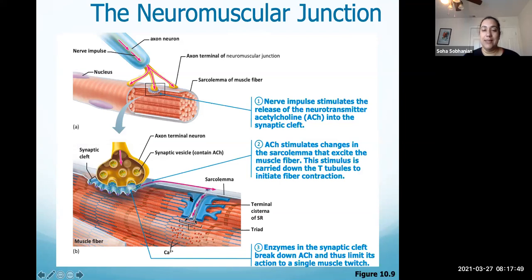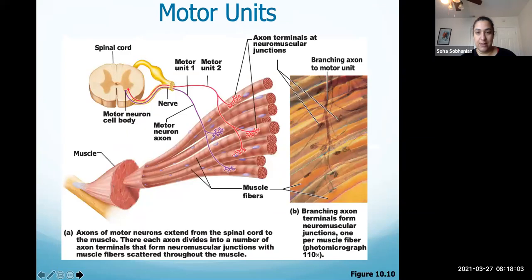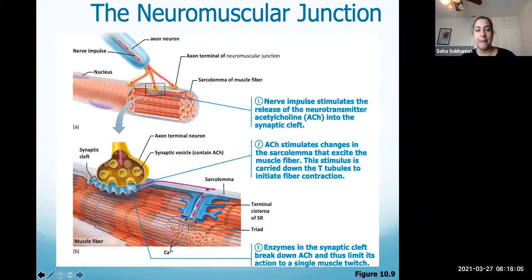This leads to the release of calcium, which you can see as these little dots. Calcium gets released into the muscle, and that allows the actin and myosin to interact with each other and basically cause muscle contraction.